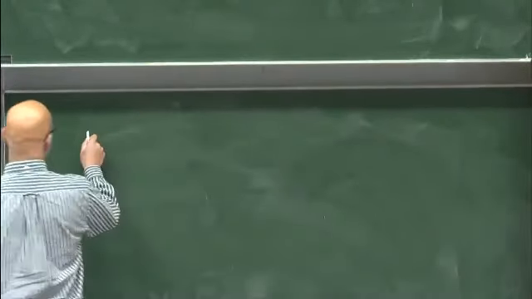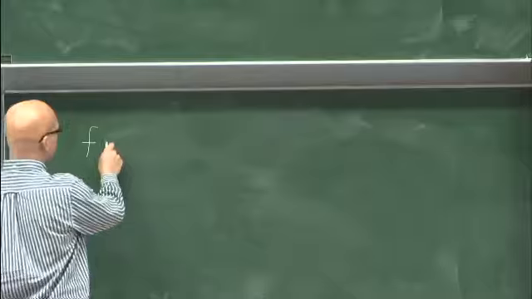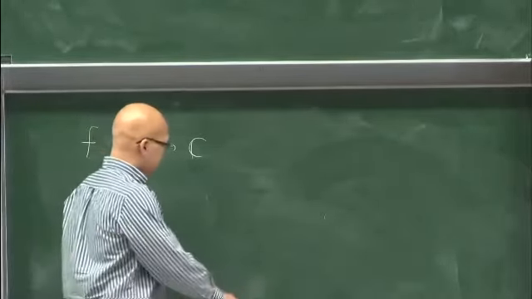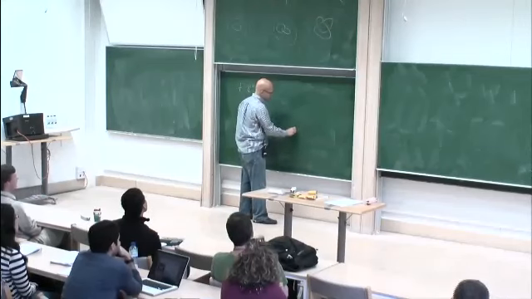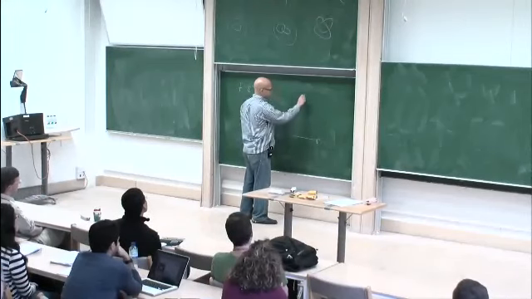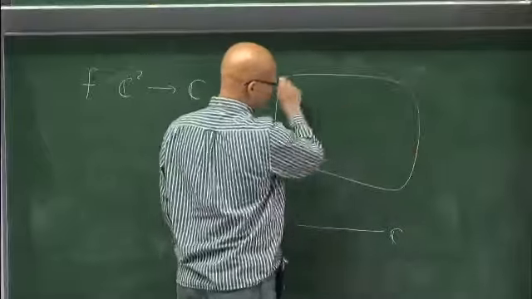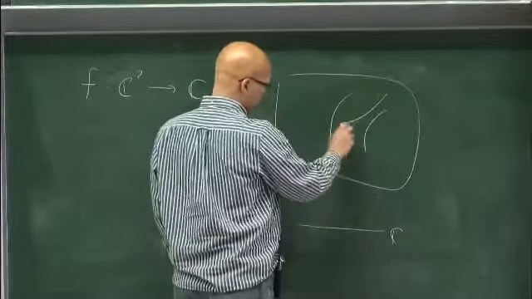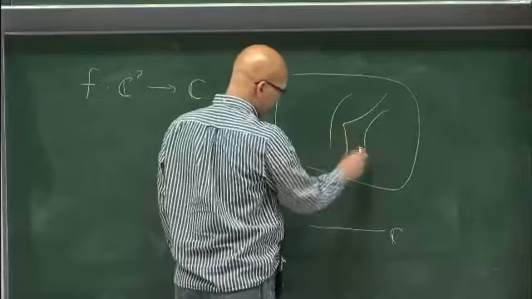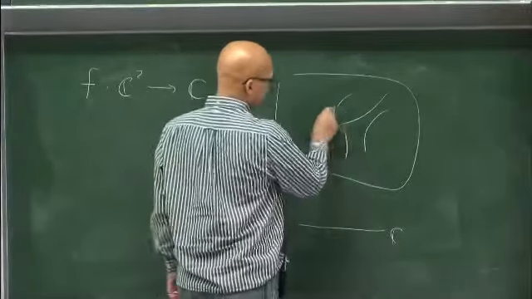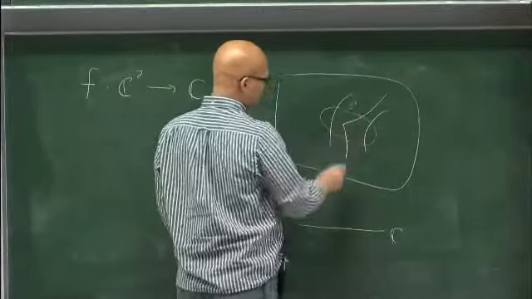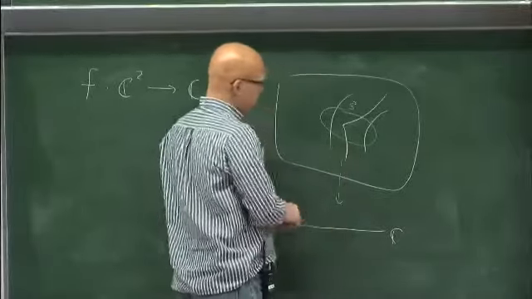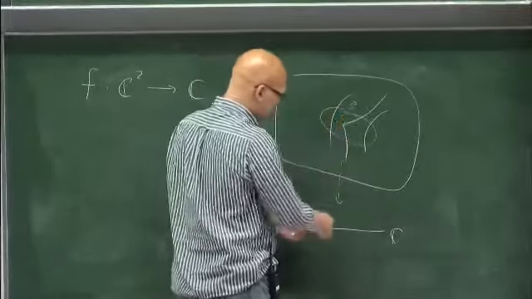If your singularity was given locally by some function, and let's say the singular fiber in question is over the origin, so here's C, here's C2, here's the singular fiber over 0, then nearby, since this is reduced, there are smooth fibers, and if you take this S3, then this function maps it down here.